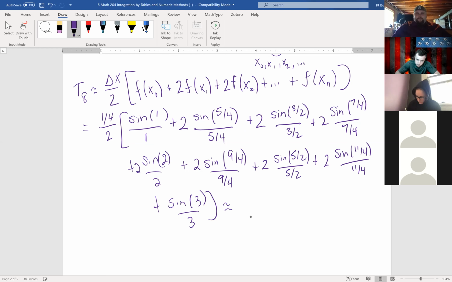Whew. All right. So again, nothing I've done so far was a hard calculation. I've done basically no calculus. And yet this is the hardest part. Now you have to type this into your calculator.